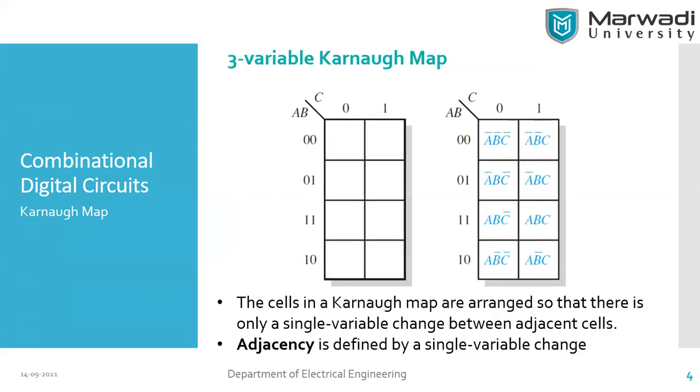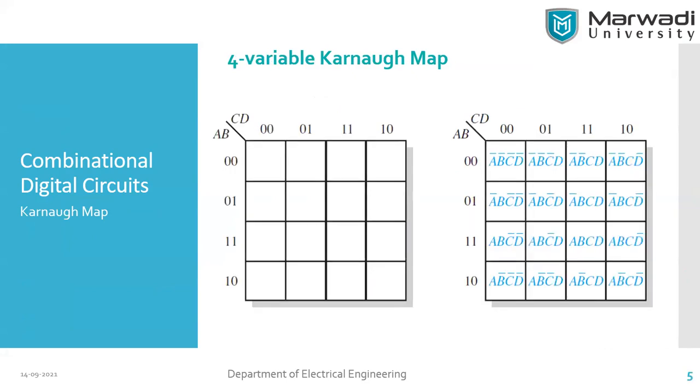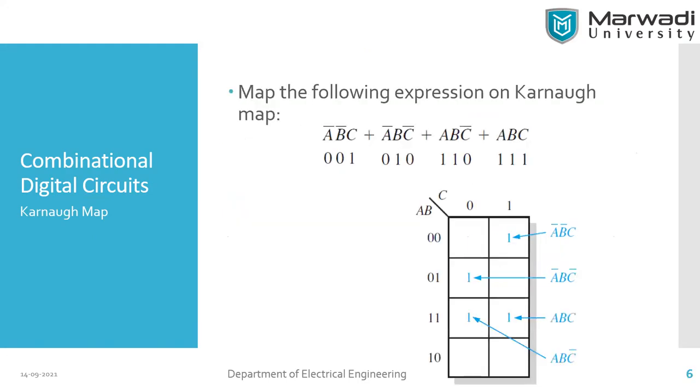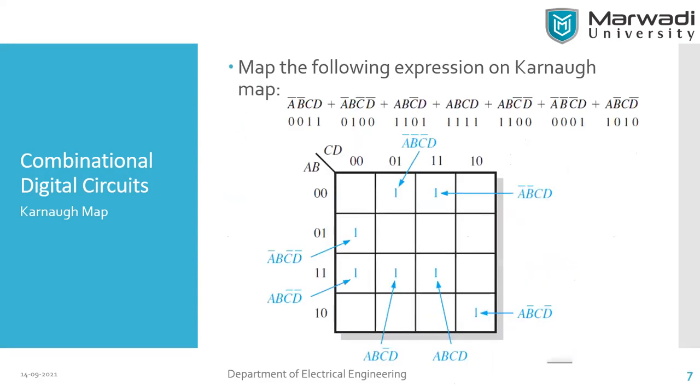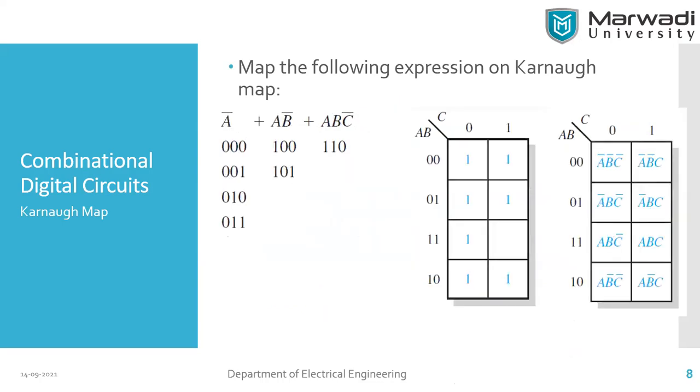We studied about 3-variable Karnaugh map, how to draw it. Then we studied about 4-variable Karnaugh map and how to draw it, right? Then we mapped the expression in the Karnaugh map. This is a mapping of expression on Karnaugh map for a 4-variable.